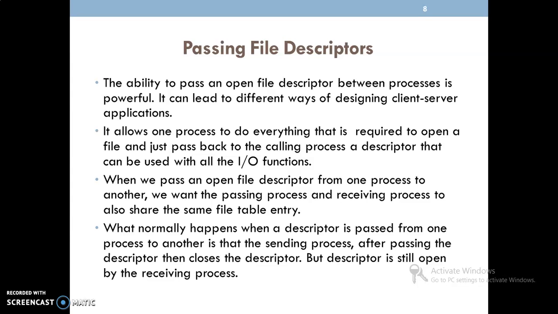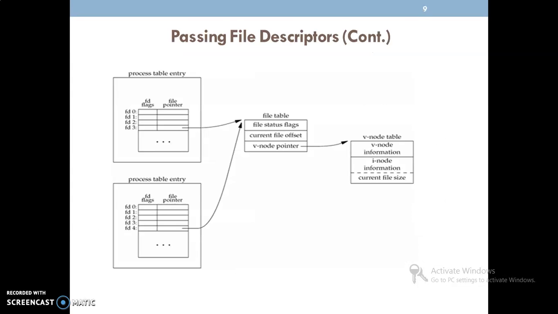So you can go through this diagram here. There are two process tables, this one process and this one process, then the file table, then the vnode table. This is a reference to one process, this is a reference to another process, but they are sharing the common vnode table.